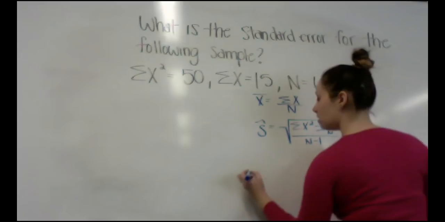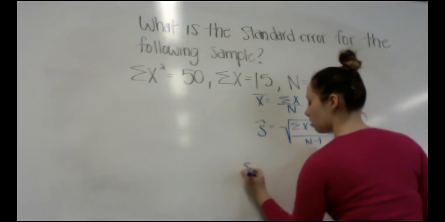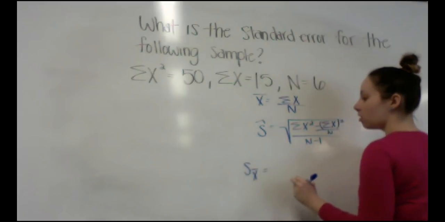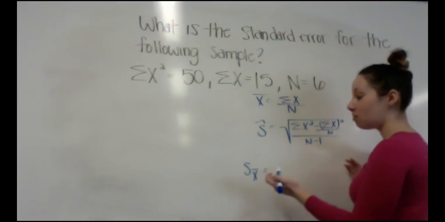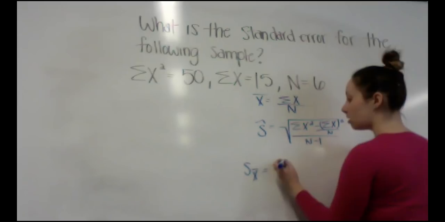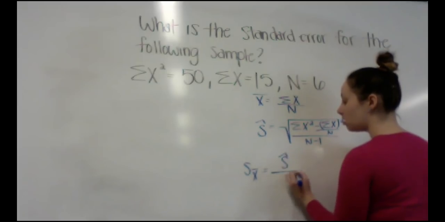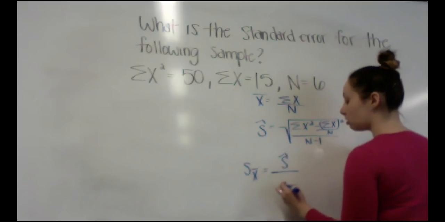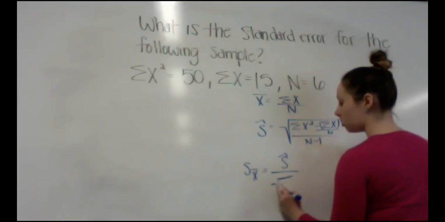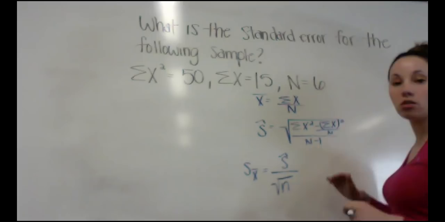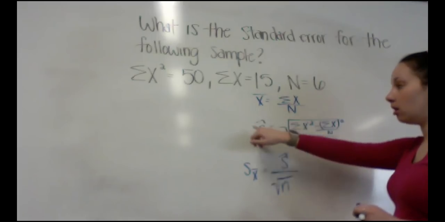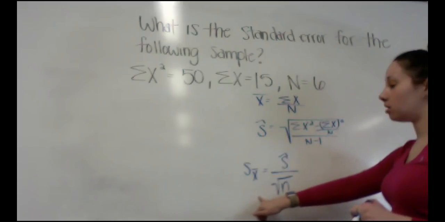And so the standard error when we're just working with samples is the exact same formula as the population, except instead of population standard deviation, we have sample standard deviation on the top. We still have square root of n. So these are your relevant formulas. You've got your mean, standard deviation, and standard error.